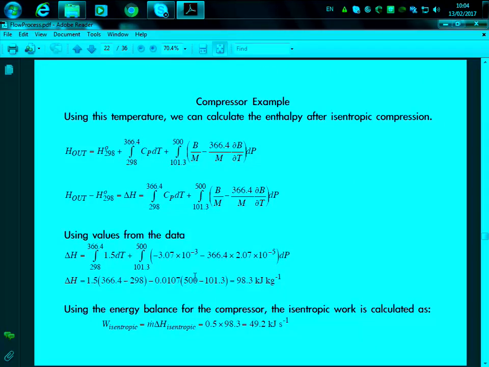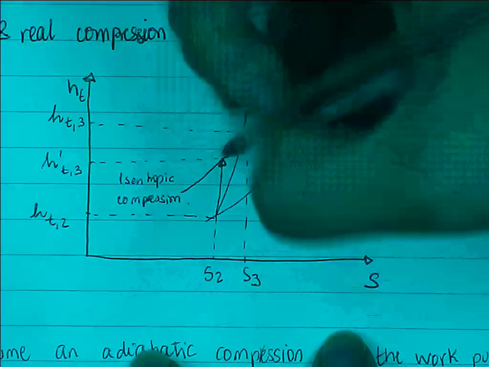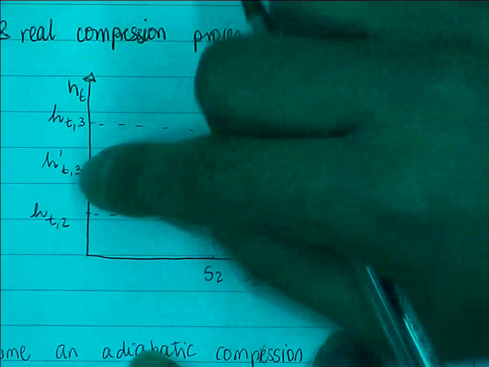So if we look at our chart that we were seeing before, we are actually here, right? This is the delta H that we are first obtaining. But actually we want the delta H of this. So we still don't know that one. So in this case, from the delta H that is obtained, we can calculate the work that is needed in the compressor using a simple energy balance, right?